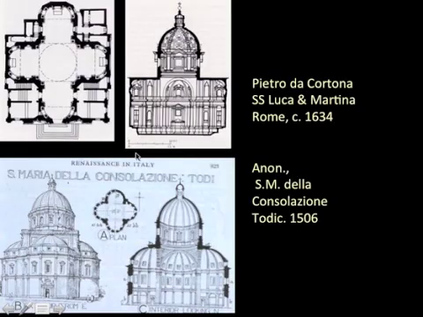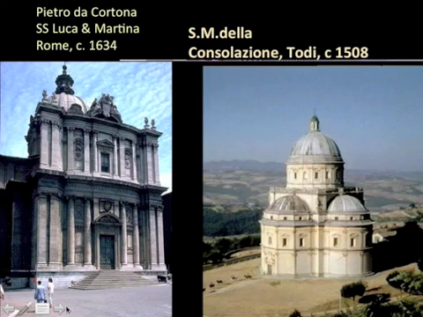And it's kind of interesting, I think, to compare something like Pietro da Cortona's St. Luke and Martin to the ideal Renaissance church exemplified by Santa Maria della Consolazione in Todi. You know, both have the nice cruciform plan, both have a hulking big dome, but St. Luke and Martin presents itself as a billboard, and Santa Maria della Consolazione makes every effort to directly express the volume of the interior on the exterior.